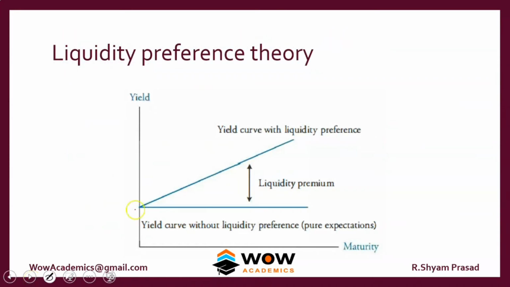So if you see, without a liquidity premium, the curve might even be flat, but as investors in the market want a premium, they charge a higher amount of interest for the longer duration of time.